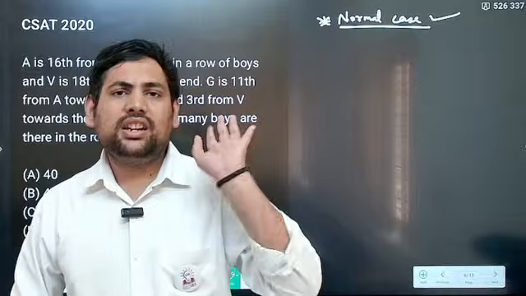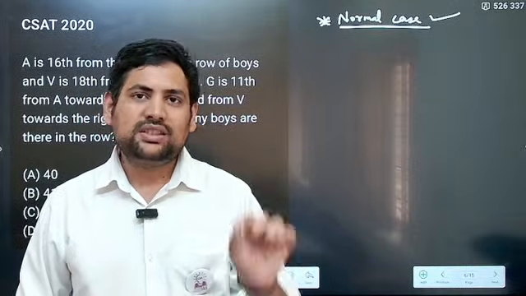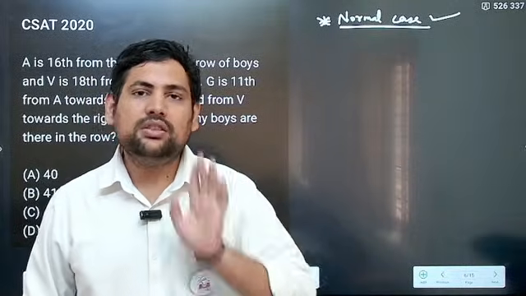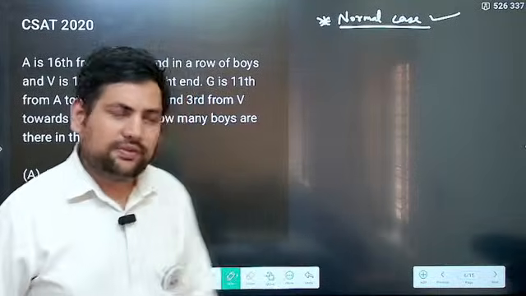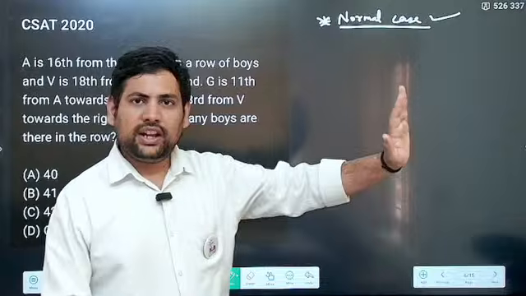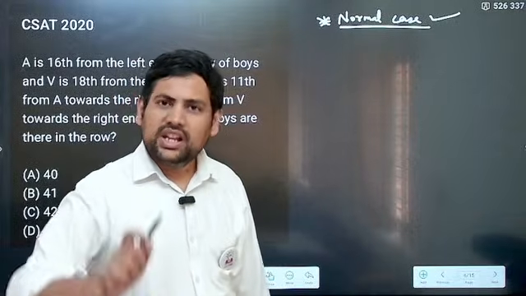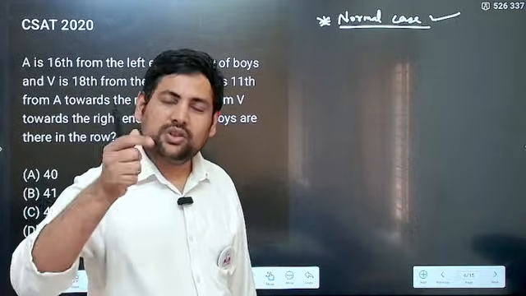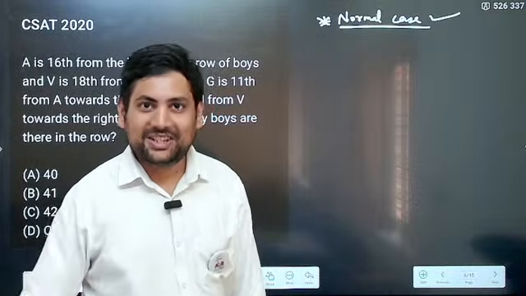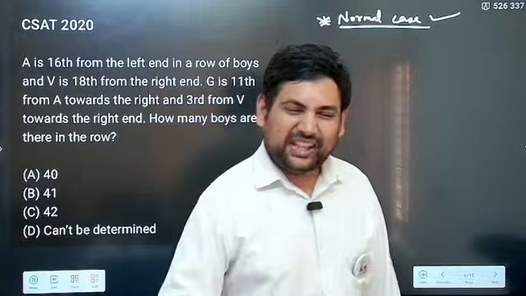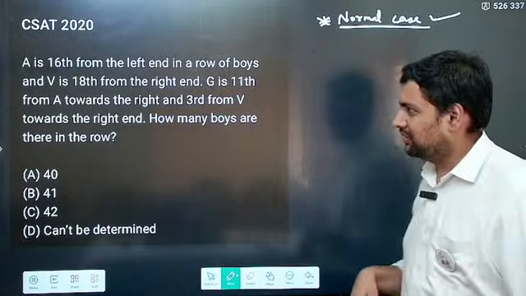In very rare cases, you will find that the normal case does not work and it is actually based on overlapping. That is a very rare scenario. So first, we try to draw the normal way without thinking about overlapping. If there is some discrepancy caused later on, then we will switch to the overlapping diagram. This is the process. Otherwise, drawing two diagrams every time is not very good.